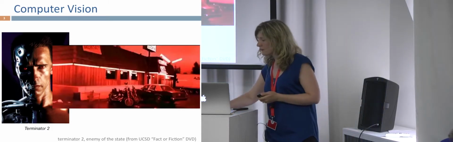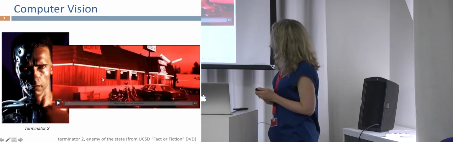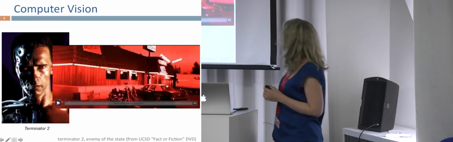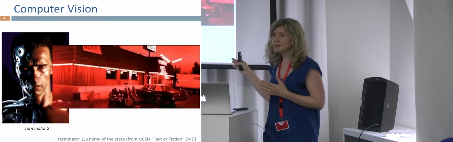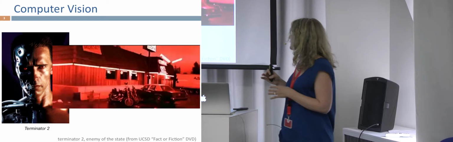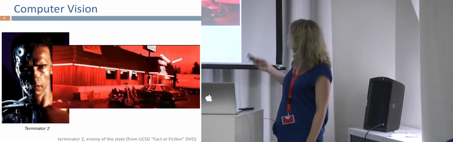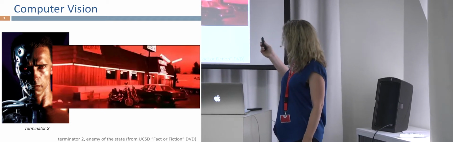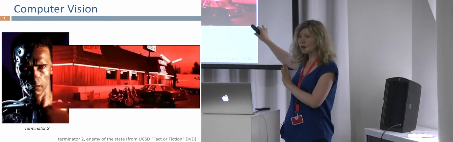Okay, so the main goal of computer vision is, of course, to enable machines to analyze images and detect objects. For example, this Terminator character from the Terminator movie is walking through the scene, and as he walks through, he recognizes there's a motorcycle, there's a car.